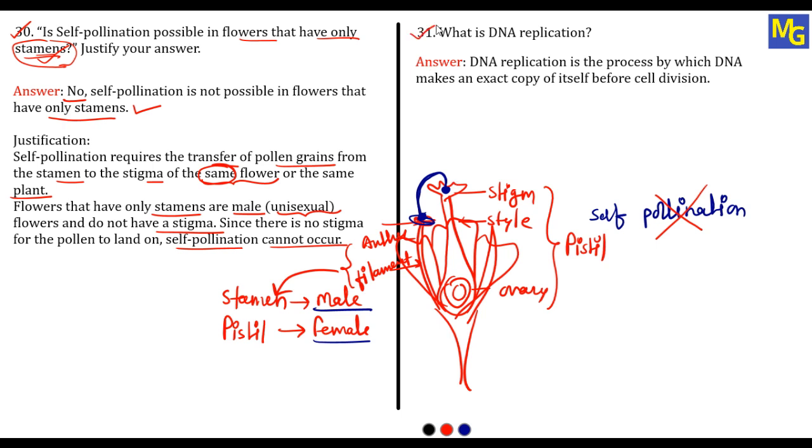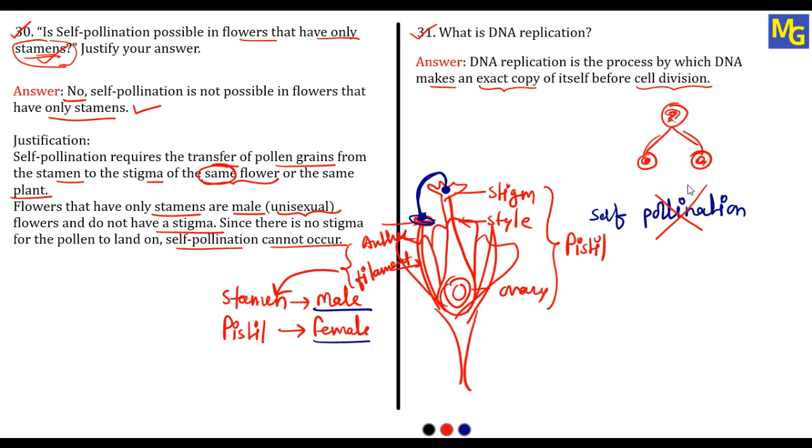What is DNA replication? Replica means same, another copy. So DNA replication is the process by which DNA makes an exact copy of itself before cell division. What is cell division? If this is the cell, this mother cell will divide to give another two daughter cells. So whenever this type of cell division takes place, whatever genetic material mother cell has, all that genetic material is equally transported into both daughter cells.